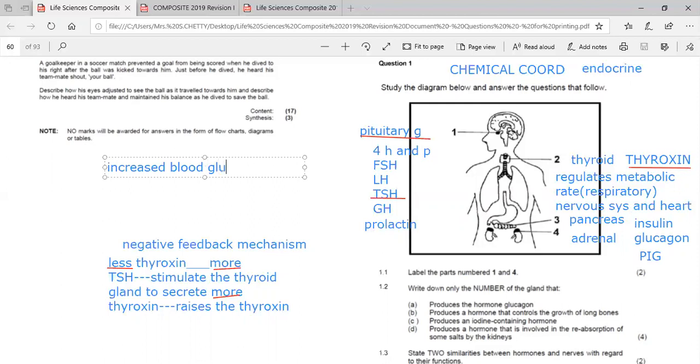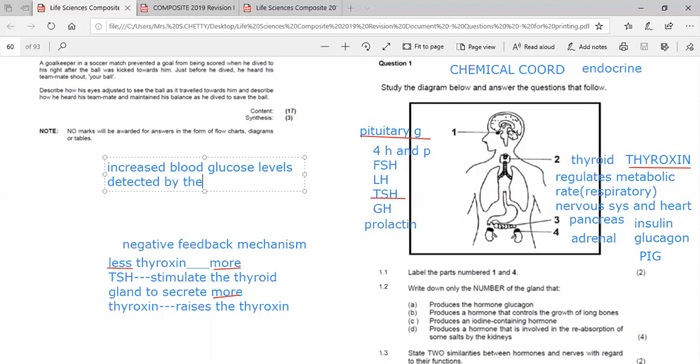So increased blood glucose levels. So where will you find it detected? By the way, with your increased thyroxine levels, who detected it? Pituitary. So the receptors were in the pituitary. Remember, the spies are the receptors. So increased blood glucose levels, who will detect it? Will be detected by your, what do you think?